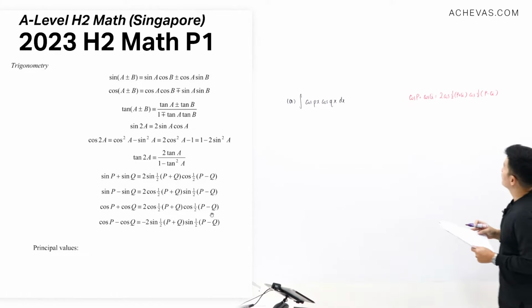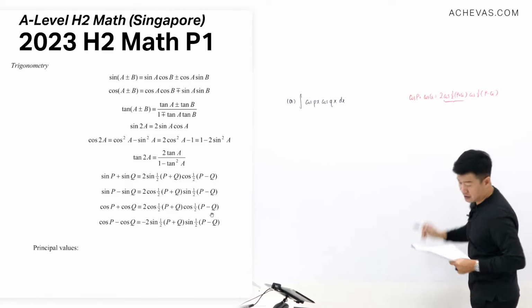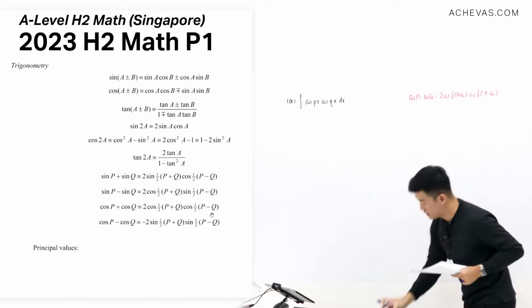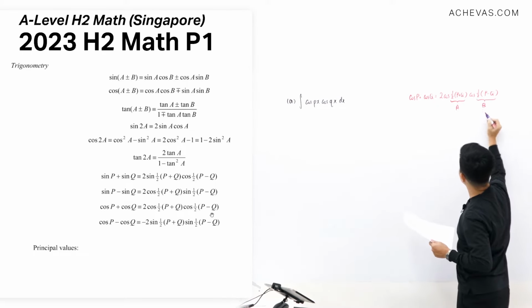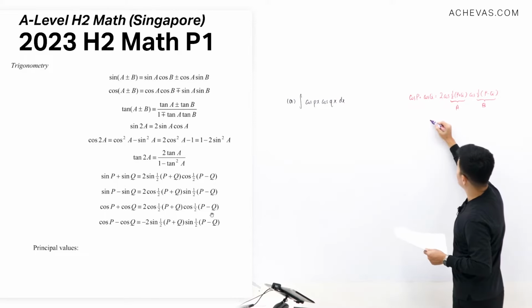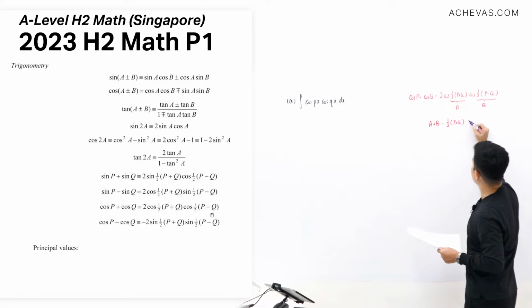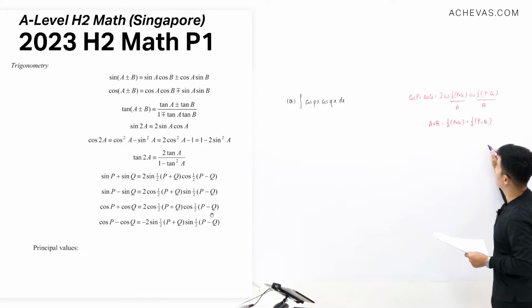And what I am going to try to do is let the angle within cosine here be A, and I'll let this angle be B. And if you can just observe together with me, if I were to just try to do A plus B, then it is going to be half p plus q, then plus half p minus q.